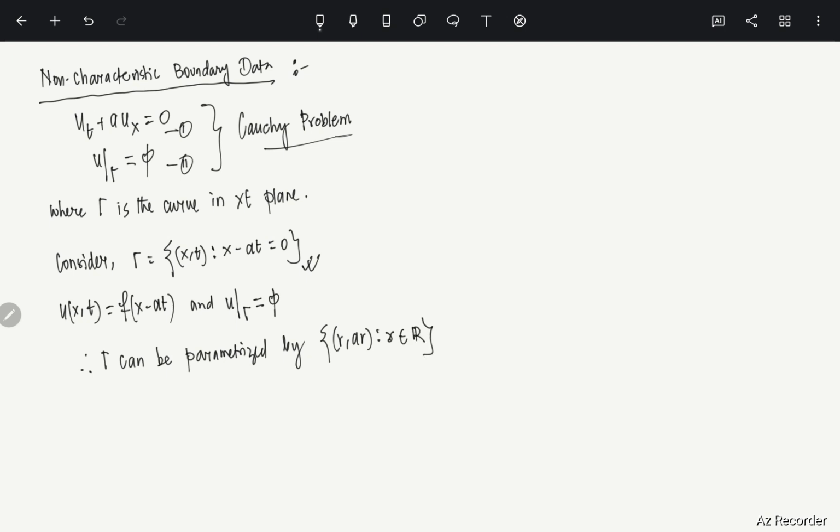So we can parameterize it like this. Now the thing is this: with this boundary condition, we are claiming that this problem is ill posed. It is not well posed. So with this data, the problem is ill posed.